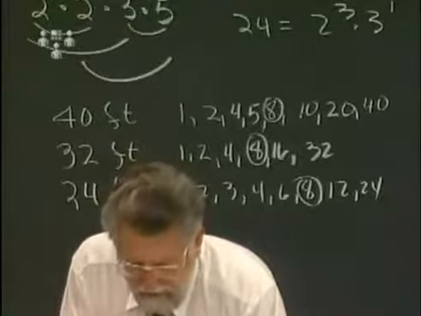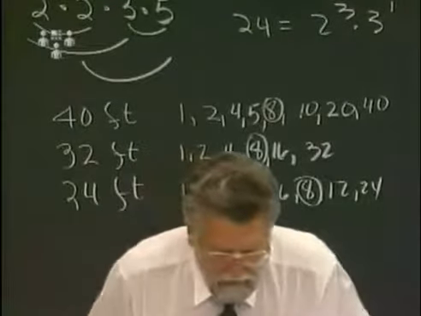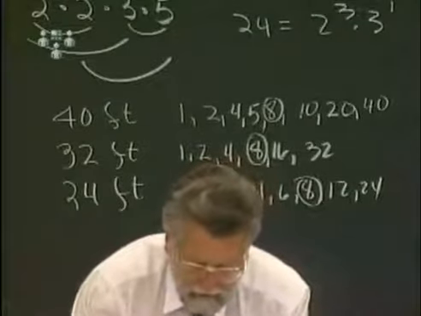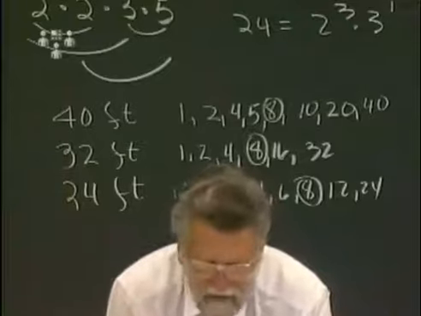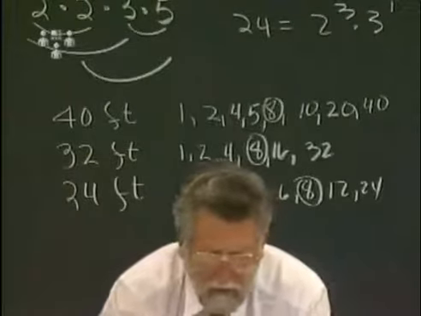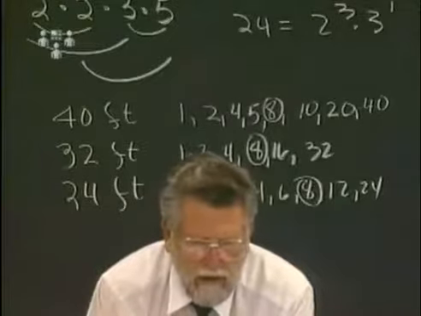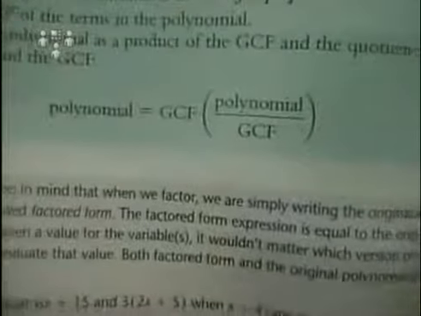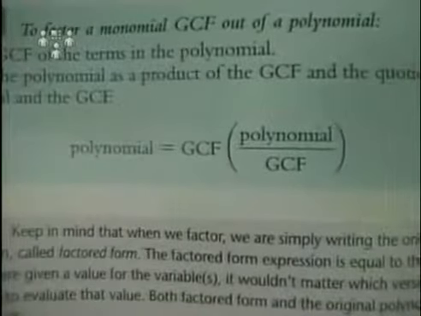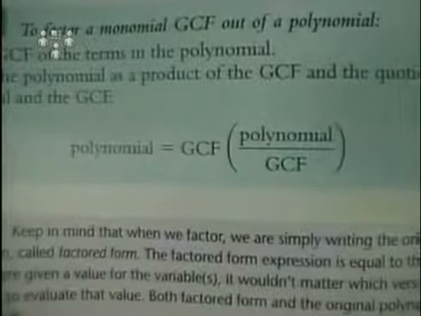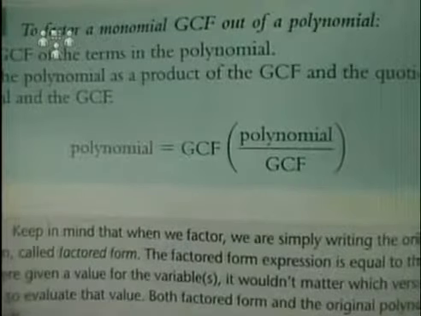And as you look at what I have on the next part, and this is a procedure, I'm just going to show that, and then I'm going to have to take a moment to answer a question, so I'll go off camera. But let's look at this. A polynomial is equal to, and again I need to flatten this out in some way, the GCF times the polynomial over the GCF. That's what we've been doing.